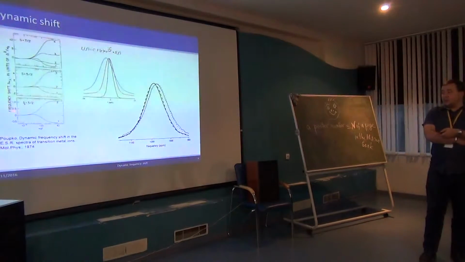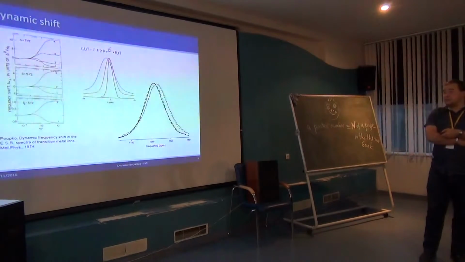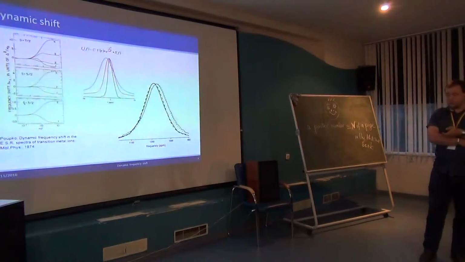In the case of fast atomic motion, we have similar positions of the 2 lines. In the other case, when we have slow atomic motion, we have one broadened line, and the second is observed.